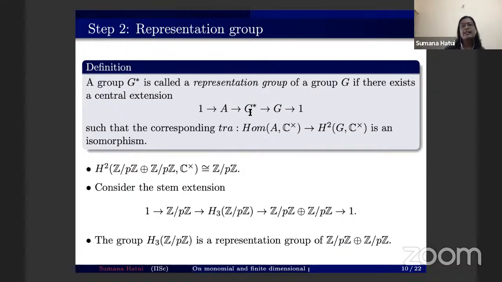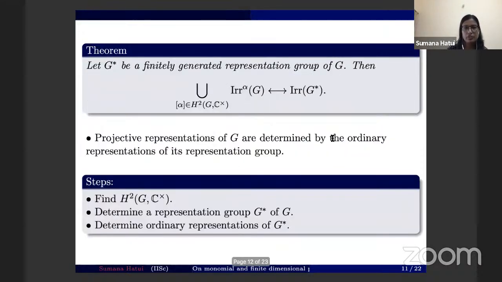That's why we need that. And if I get time, I will tell you how one projective alpha representation corresponds to which ordinary representation. We can talk about that if we want.